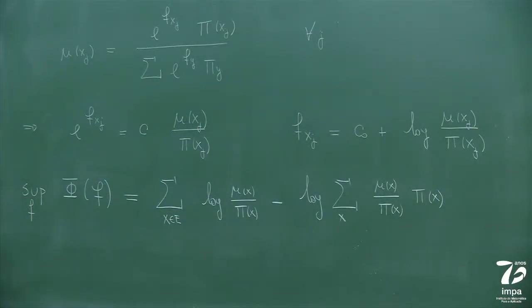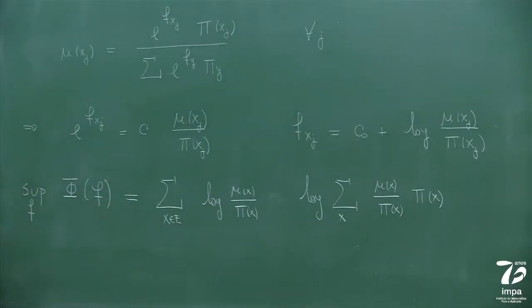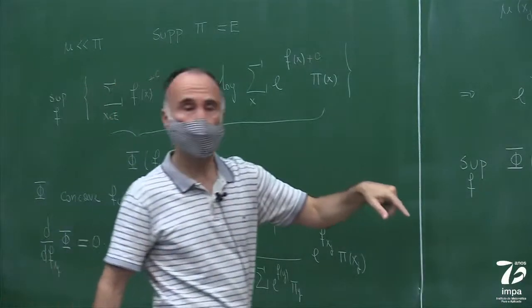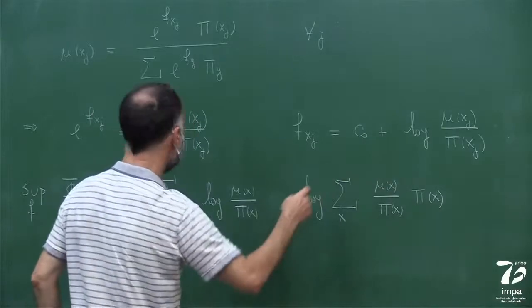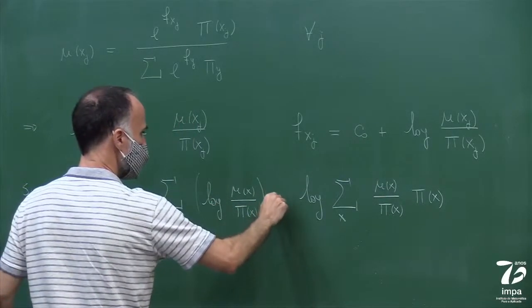Of course, I forgot to write mu(x). Sorry for that. So here in the first term, f is log of mu divided by pi, but it's integrated with respect to mu(x). Sorry about that.